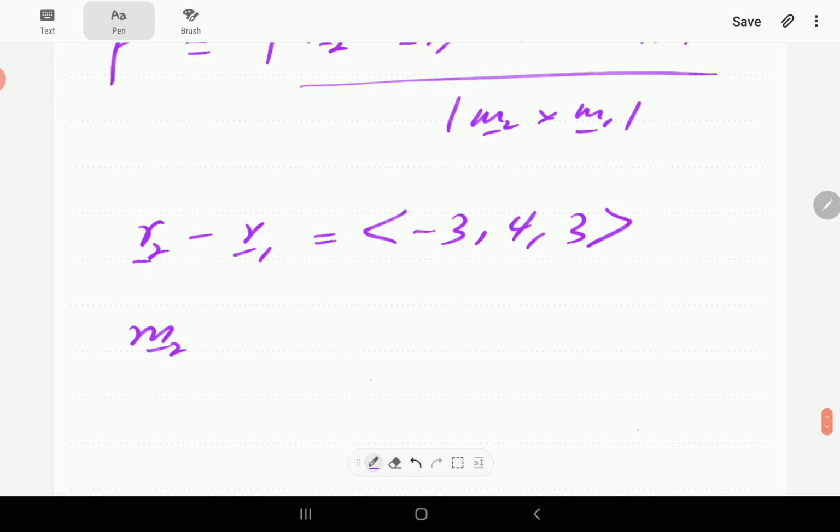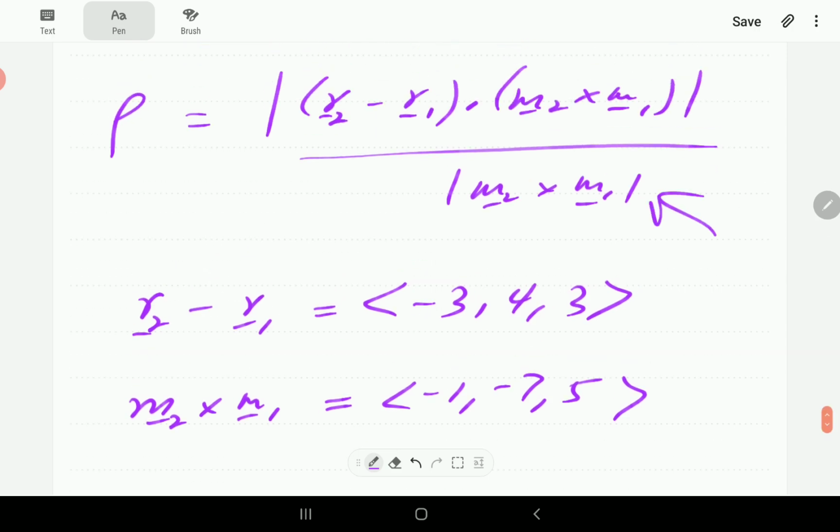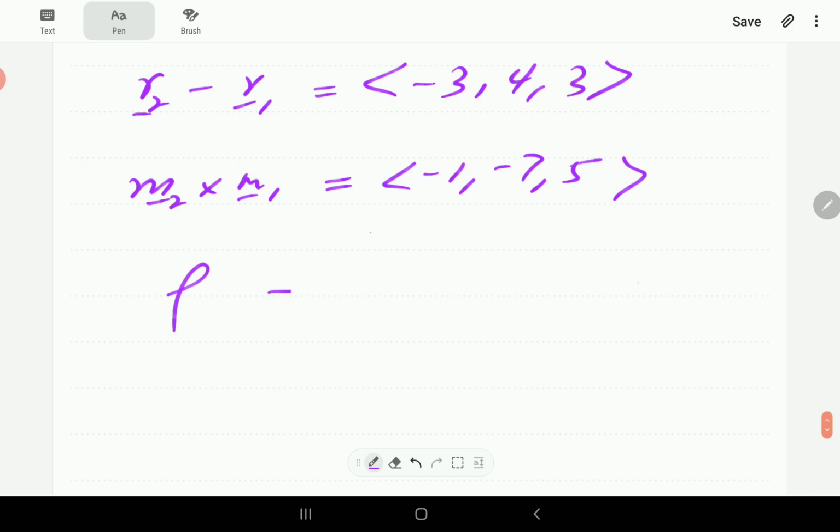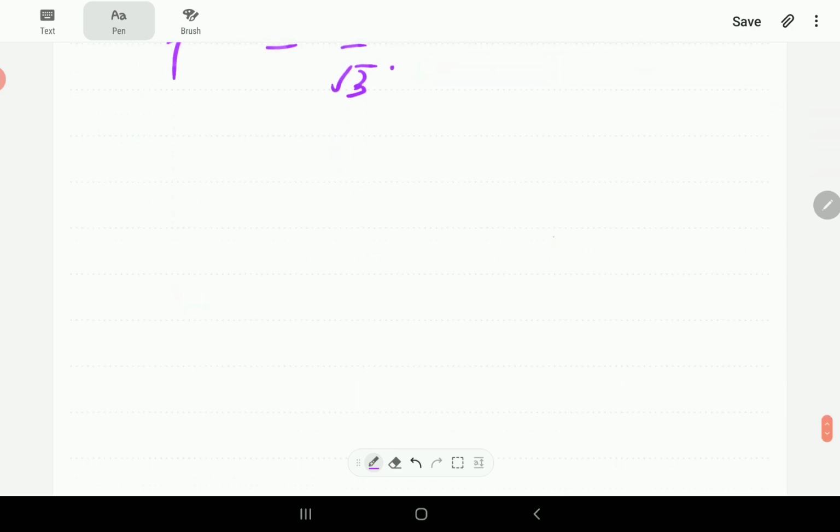And if we do M2 cross M1, just confirm this for us, we're going to find minus 1, minus 7, 5. And then if we take this and plug them into this formula, we do find rho to be 2 over root 3. Okay, so that sorts out question A.